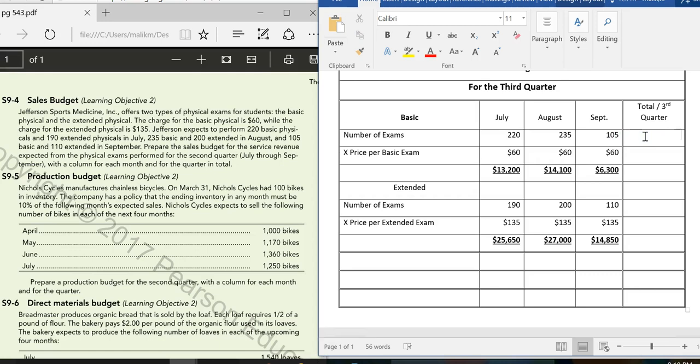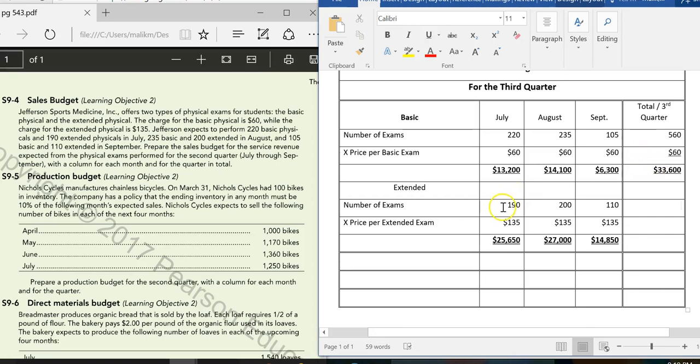Their price per basic exam is $60, so their revenue from the basic exam is 33,600.